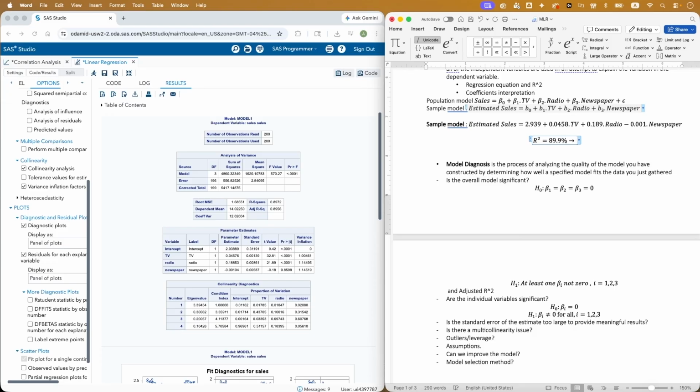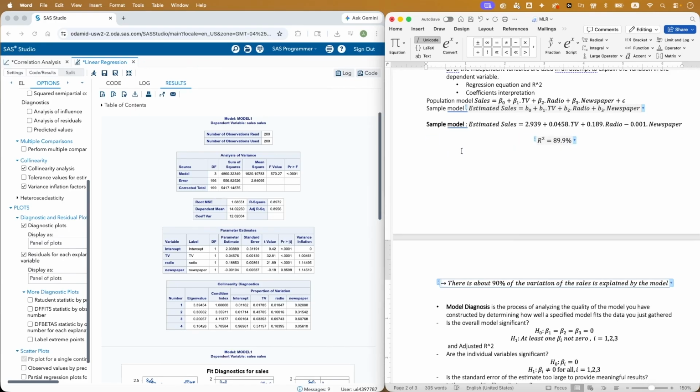So about 90% of the variation of the sales is explained by the model. So adding these variables, the three of them, to the model explains a really high amount of the variation of the sales, and this is a high number. Initially, this is a high number, okay?